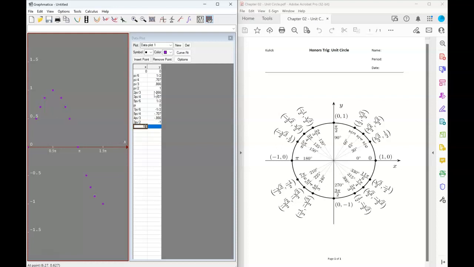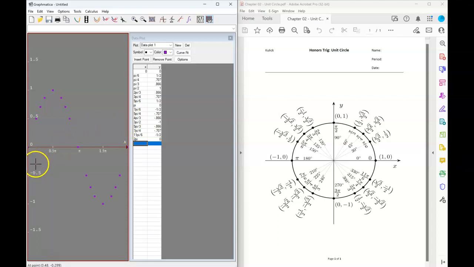And we have 5 pi over 3, and that's negative 0.866. And then 7 pi over 4, that's negative 0.707. And then we have 11 pi over 6, and that's negative a half. And then we're back to 2 pi and then 0 again.